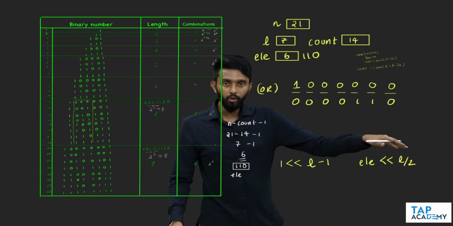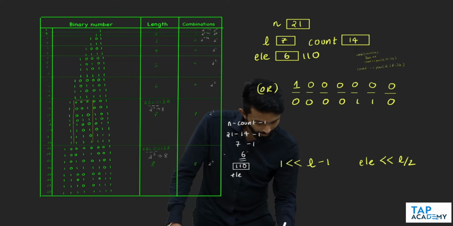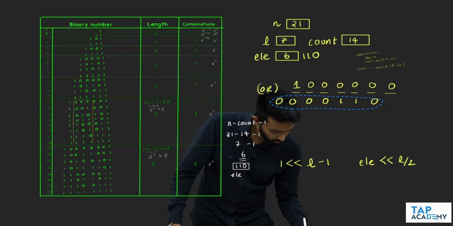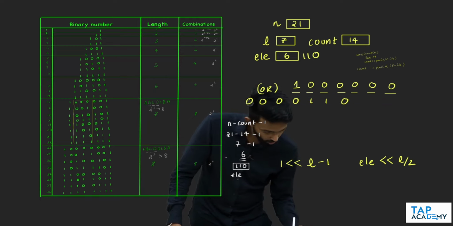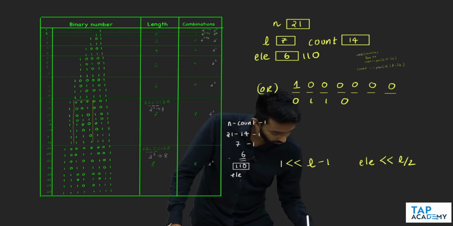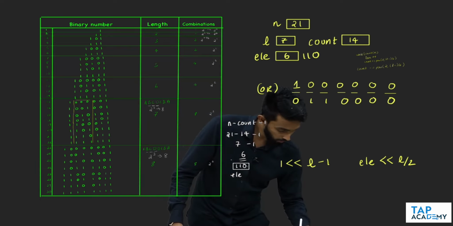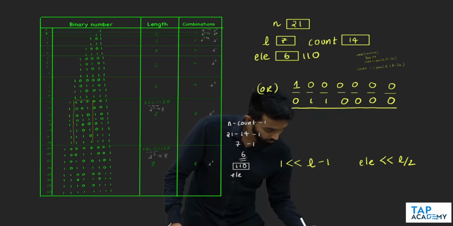If you do that on the element, this shifting will happen. 3 times means 1 bit, 2 times, 3 times. And if you do it correctly, all these zeros will go, and you will have zeros here. Now if you look at it carefully, one thing you will observe.